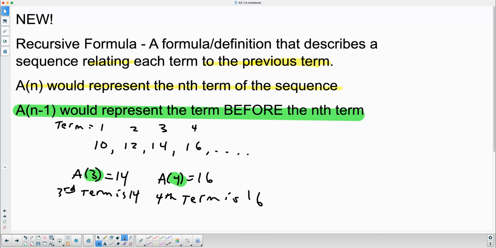So the term before A_n would be A_(n-1), and eventually you're going to get up to n-1, and so forth. So if you ever see A_(n-1), that means the term before the nth term.